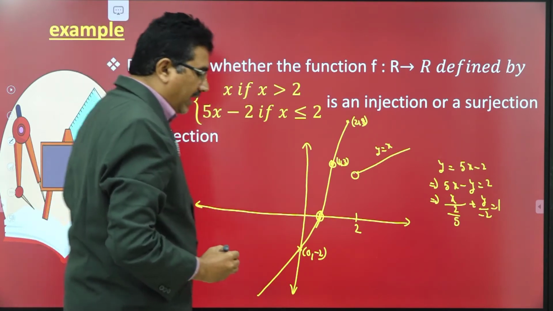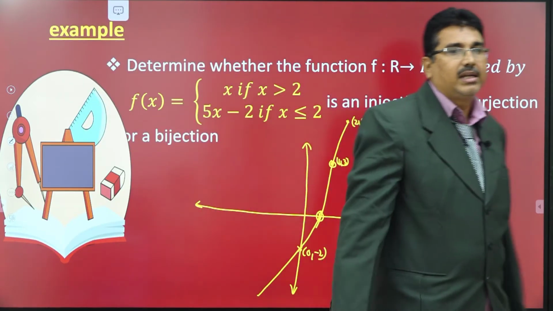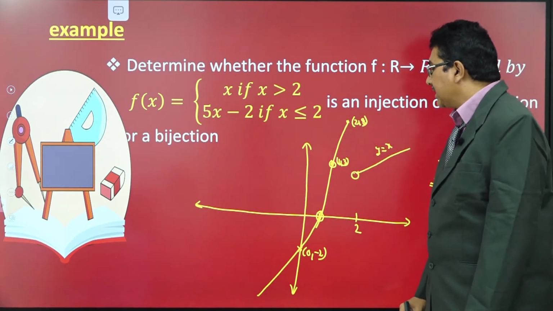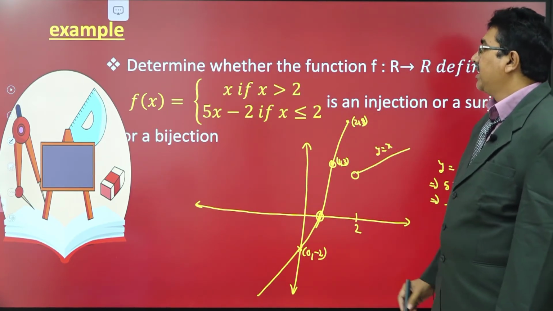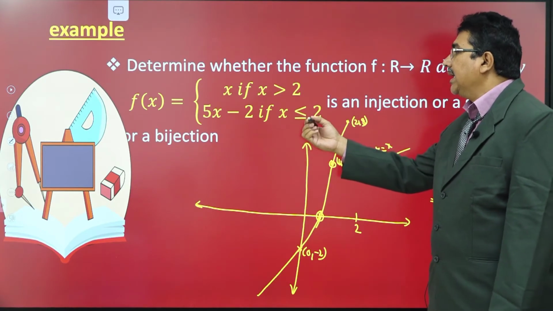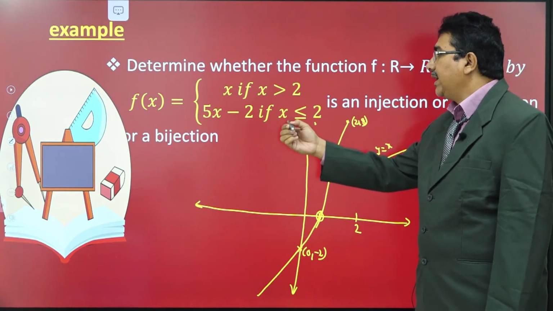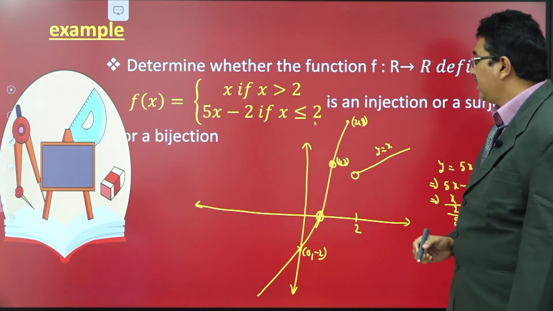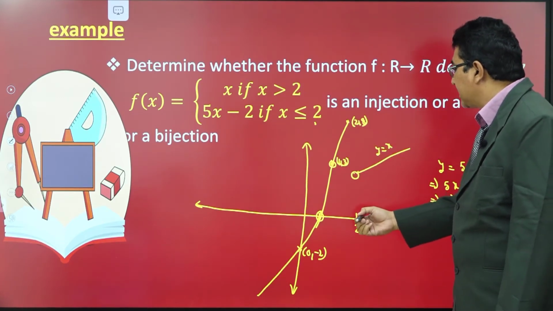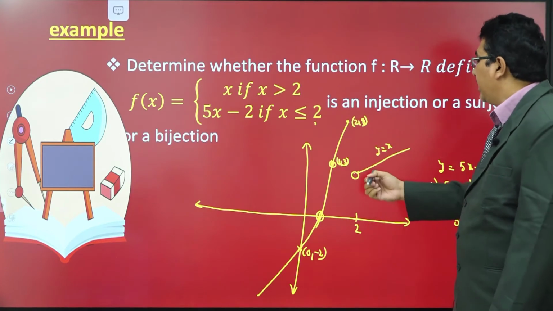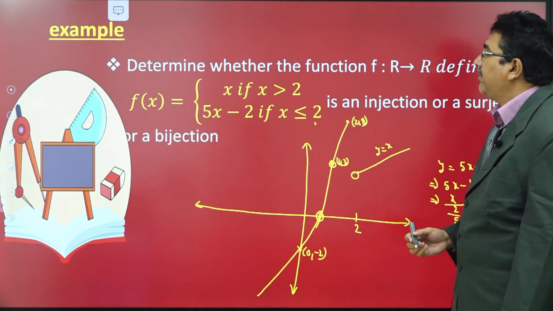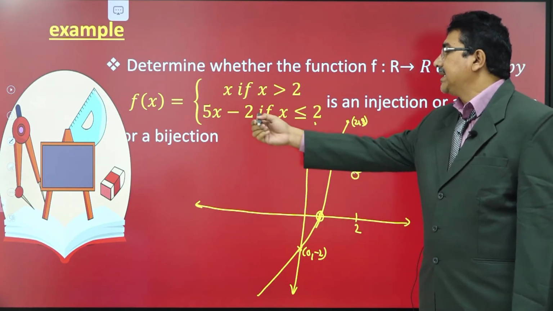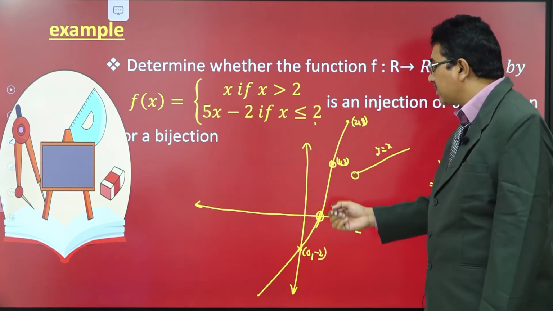Given the piecewise function, f of x is equal to x if x is greater than 2, and f of x is equal to 5x minus 2 if x is less than or equal to 2. So, if x is greater than 2, y is equal to x; if x is less than or equal to 2, y is equal to 5x minus 2.